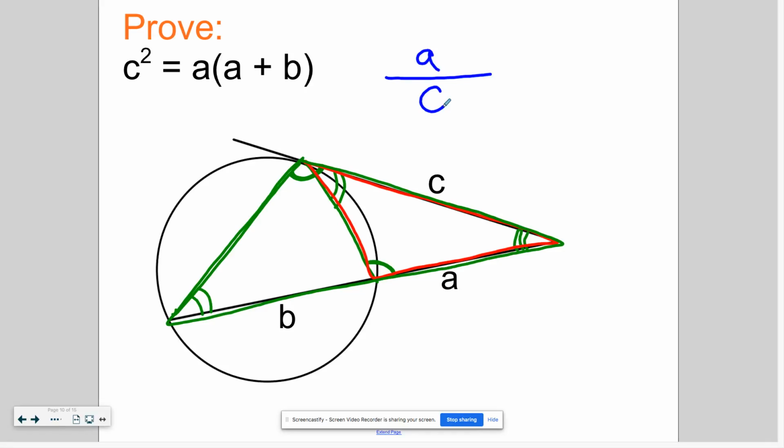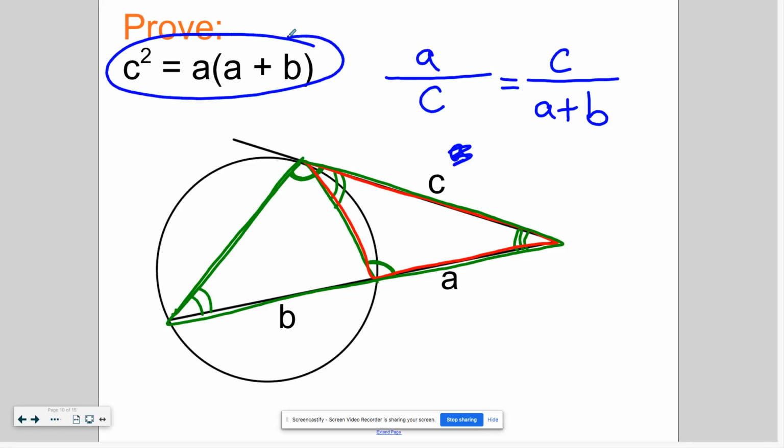So on the small triangle, I have C on the top here, and if I flip that over, it'll correspond to A plus B on the green triangle. So it's just writing a proportion. And if you cross multiply, it's already written for us. You'll get what we were trying to prove.